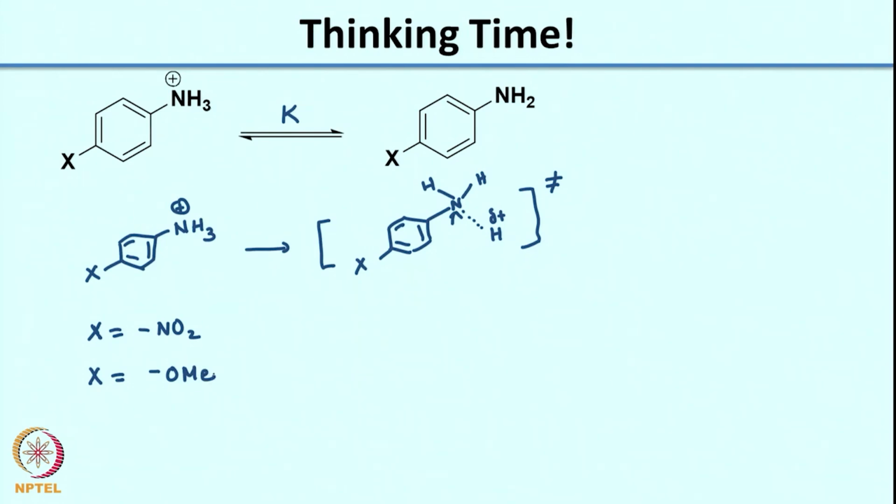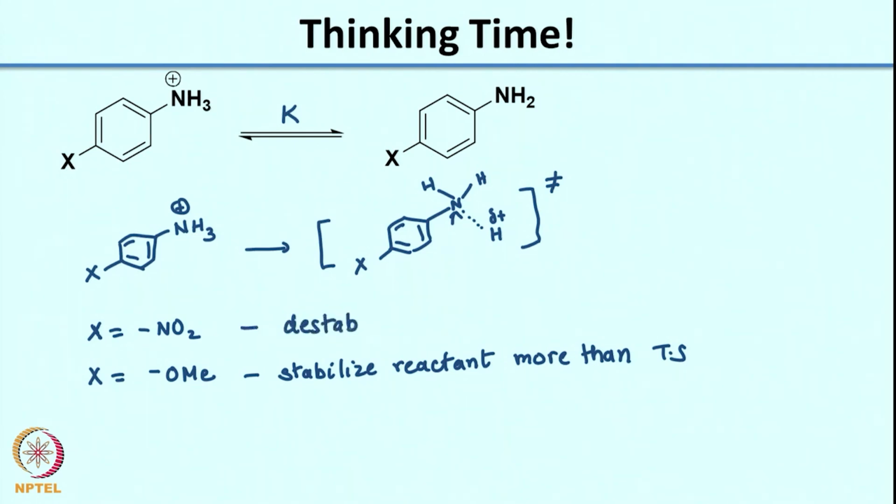Now when you have X as OMe, this would stabilize the reactant, and it would stabilize the reactant more than the transition state, whereas X as NO2 would destabilize your reactant.